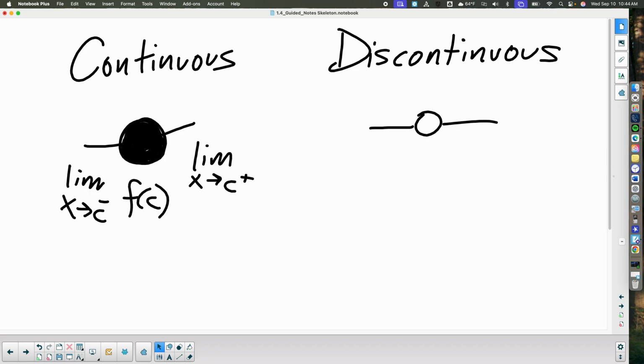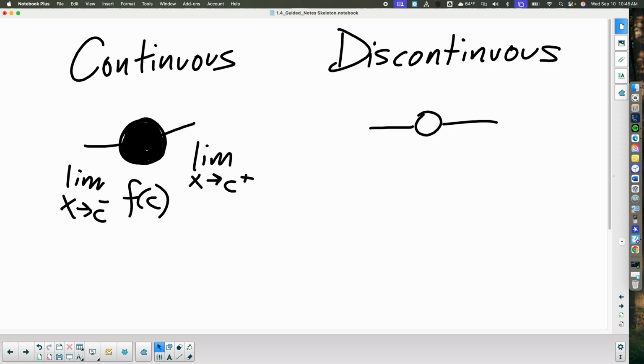Sometimes you will be given a complex equation, which usually means you have fractions within fractions. Those usually look horrible, and they're semi-obvious to us because of the way they look. So our original plan is just going to be to try to reduce it down to see if we can make it into a continuous function.